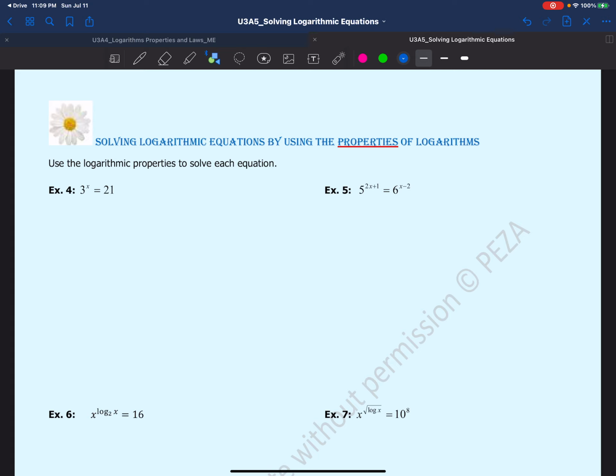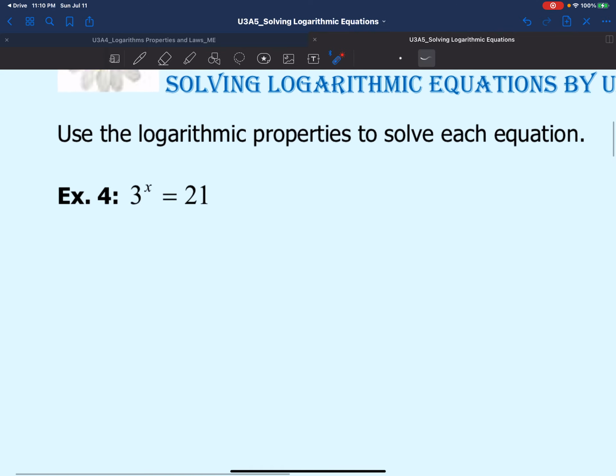If we have 3 to the power x equals 21, the variable is in the exponent. We cannot access this exponent right away, and this doesn't even look like a log equation. But as a matter of fact, we need to use log properties in order to solve for x. So we are thinking, how can we access x?